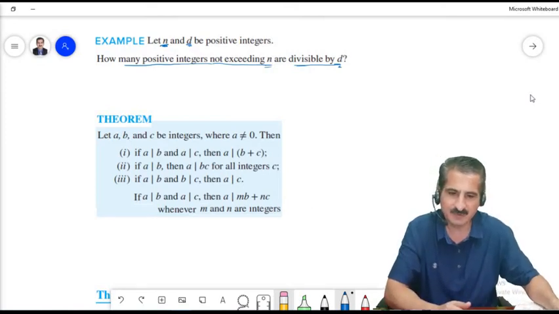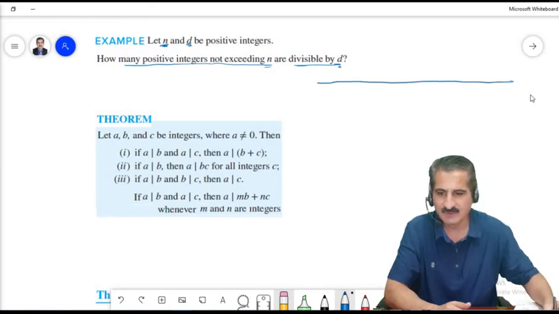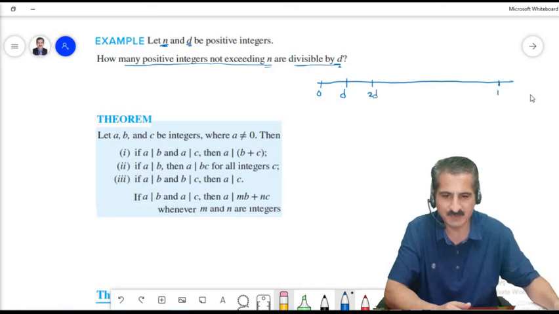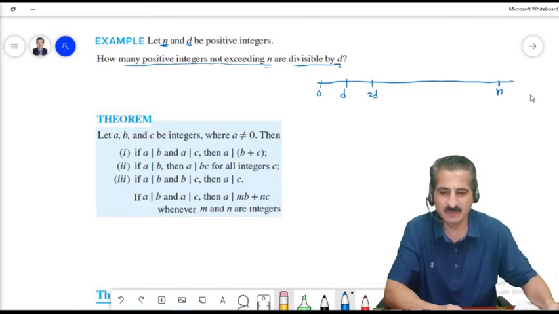The better way is to describe it using a number line. So assume 0 is somewhere here, and this is one copy of d, 2 copies of d, and assume n is somewhere here. We are assuming n is greater than d now. Now we will keep taking copies of d all the way.